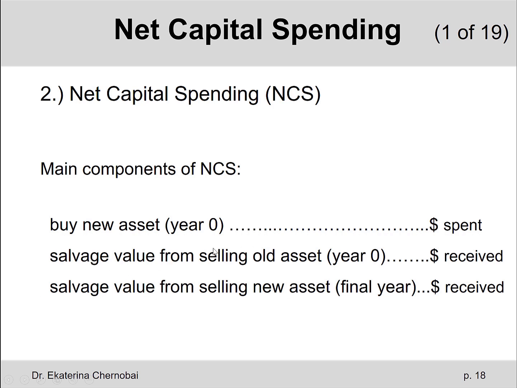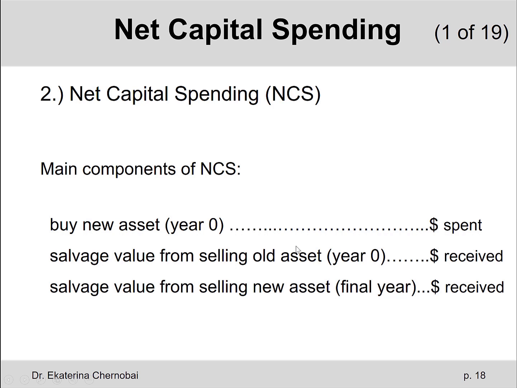There could also be more than just these two items going on. For example, maybe there is one more thing that's happening in year zero when the new project would start. And that's selling some existing old asset, right? So maybe we are selling something that's already very old and replacing it with a brand new asset.